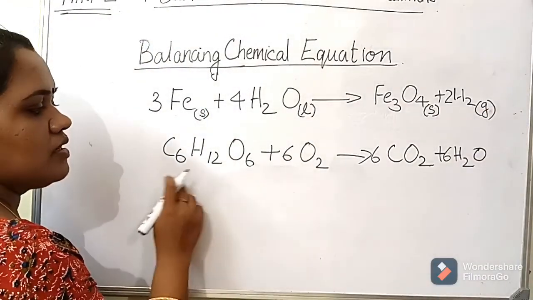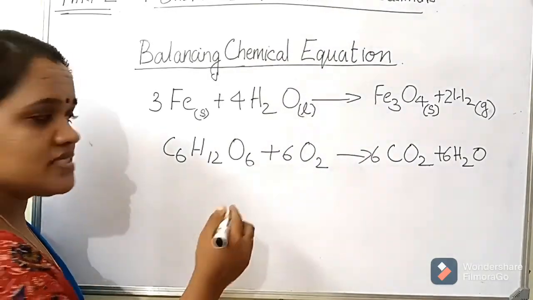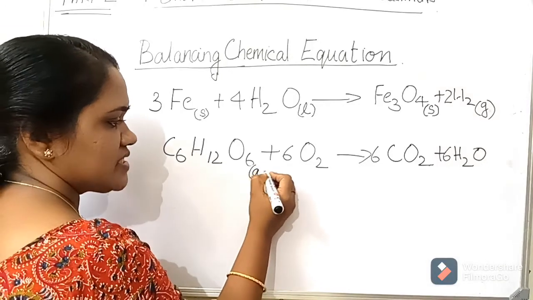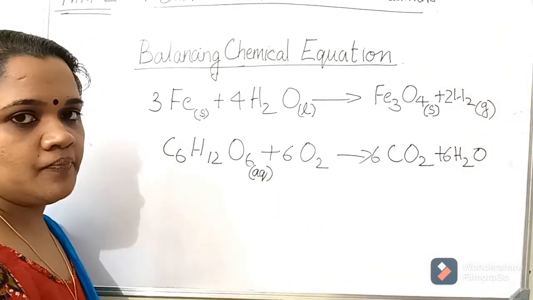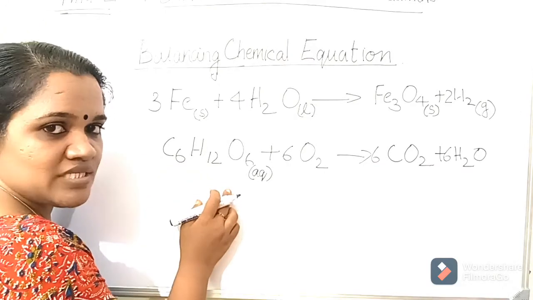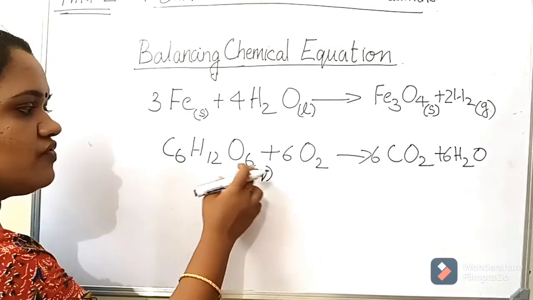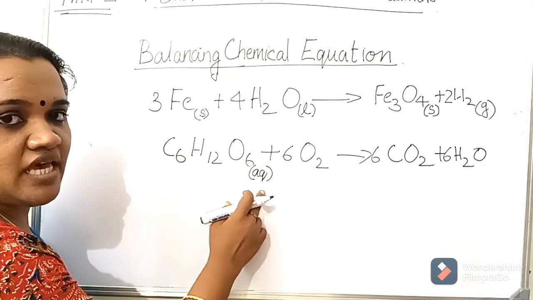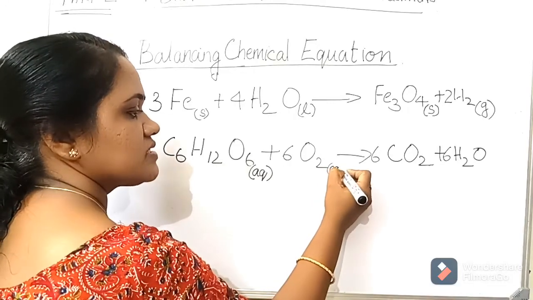Here, C6H12O6 is in aqueous state. What is aqueous state? Something which is soluble in water. C6H12O6, which is glucose, is soluble in water. So we will represent it as aqueous, AQ. Here, oxygen is also in aqueous state.